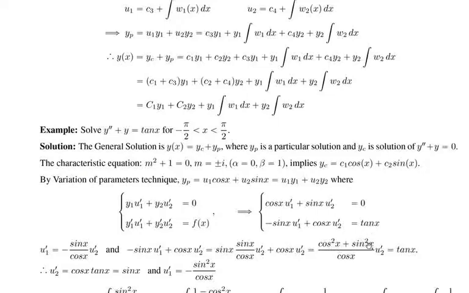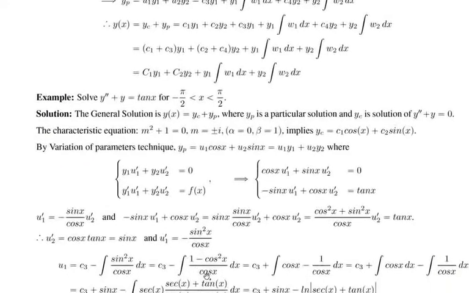So I have u2 prime over cosine x equals tan x, and this implies that u2 prime is cosine x times tan x, which is nothing but sine x. Fine, so we found what u2 prime is. Now I need to plug that back into this formula so that I can deduce what u1 prime is. So u1 prime is equal to minus sine squared x over cosine x.